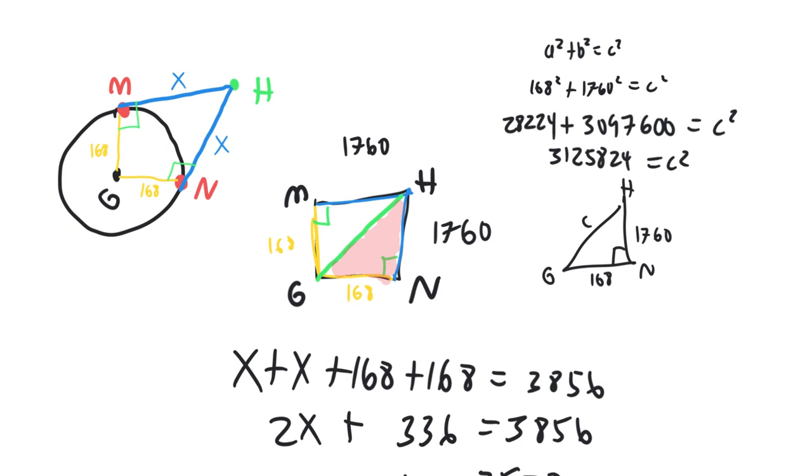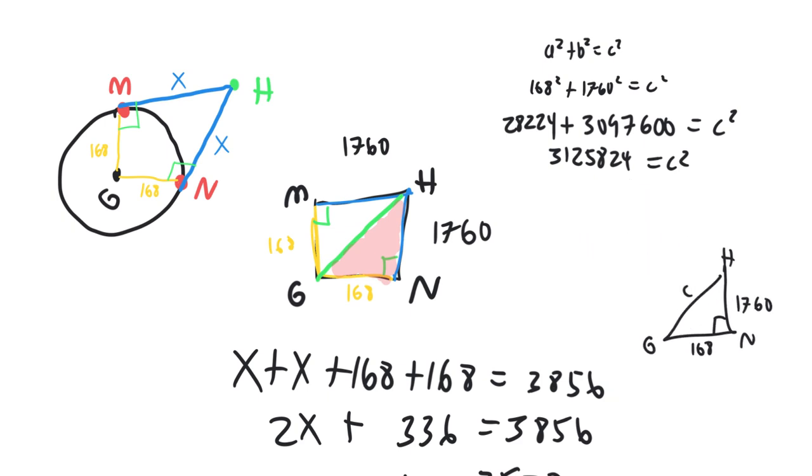I think my student watching understands that now in order to get the answer, we have to take the square root of 3125824, and believe it or not, that turns into a nice number, 1768.